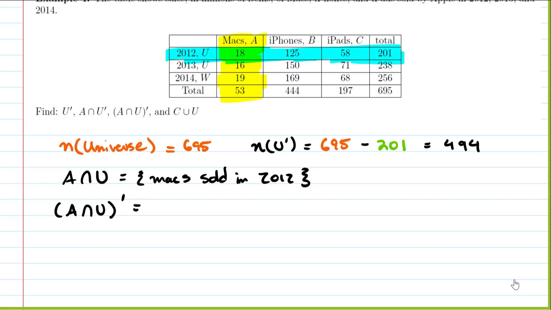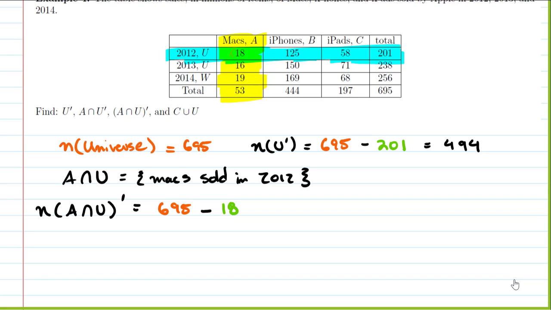So what's that going to be in terms of our numbers? Well, how many things were sold total? 695. Take away how many Macs were sold in 2012: 18, because it's the intersection where they overlap. A intersect U is where the set A and the set U have things in common.